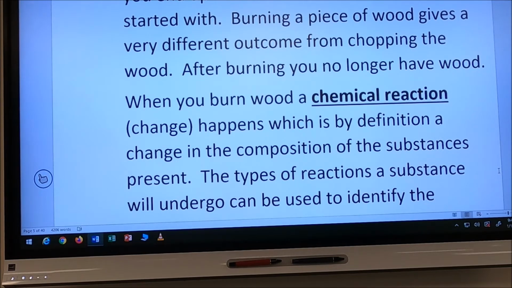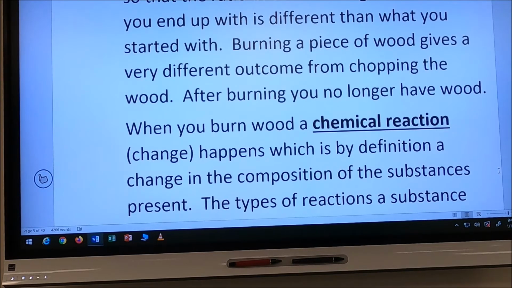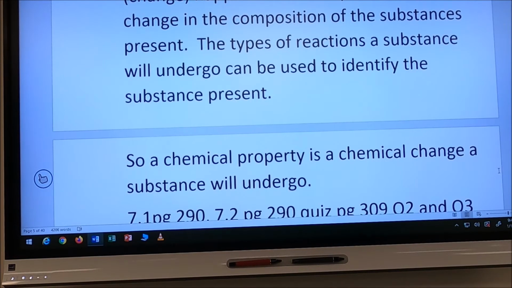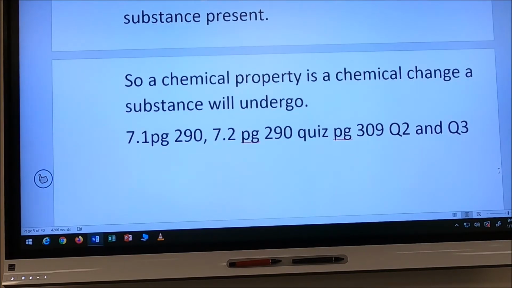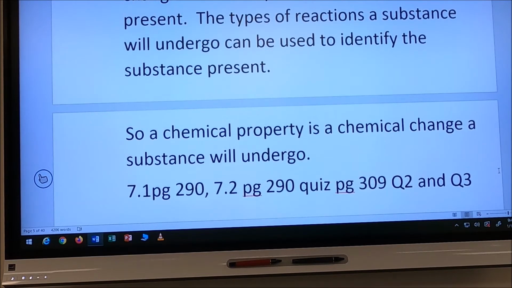So burning, rusting, cooking are all chemical. The type of reaction a substance undergoes can be used to help identify it, as well as its physical properties.